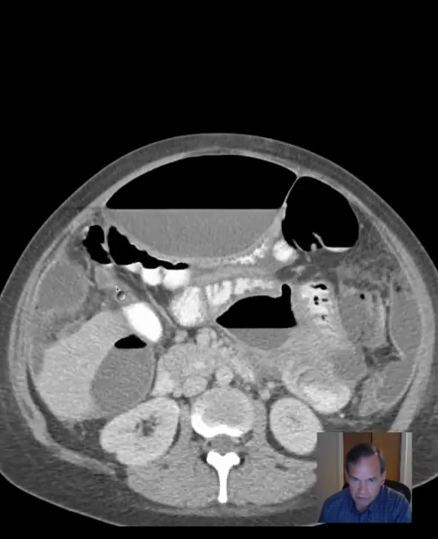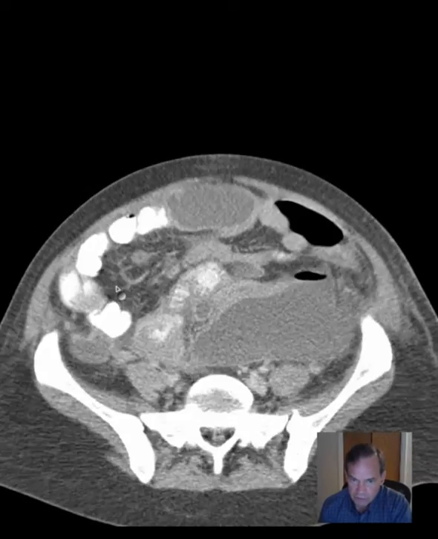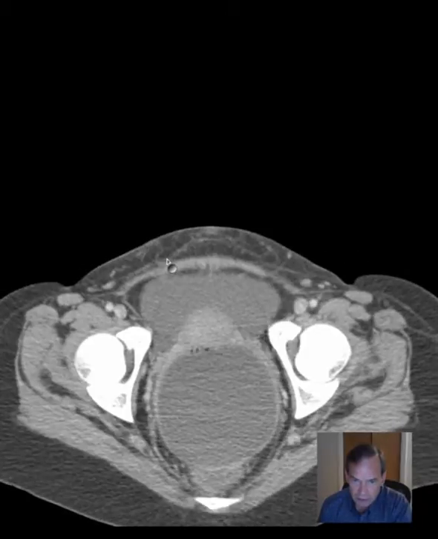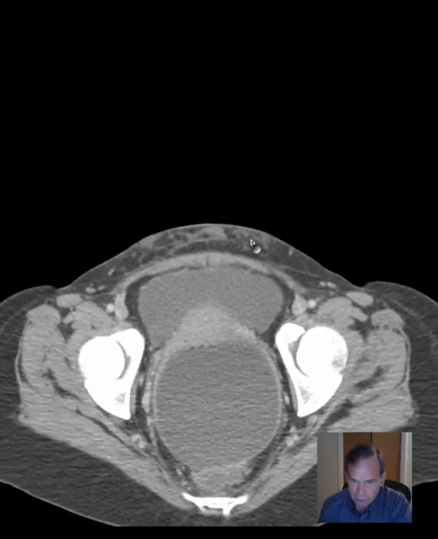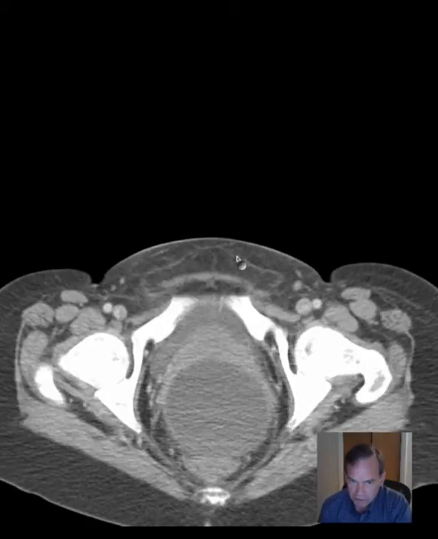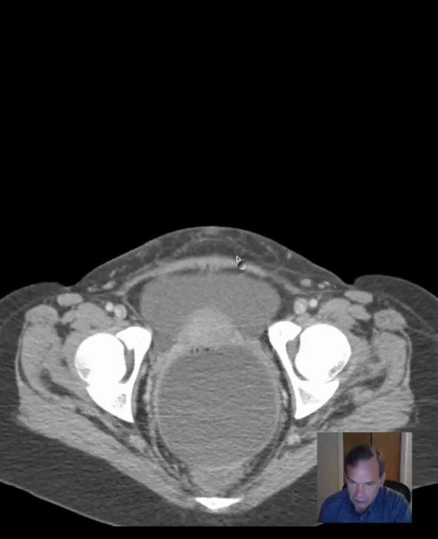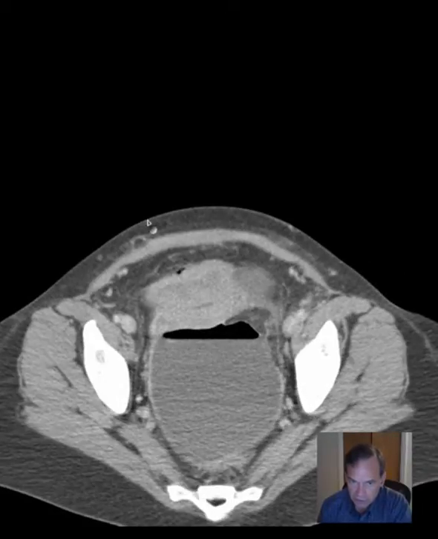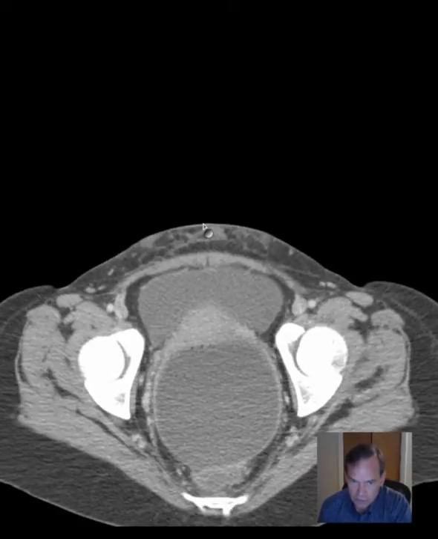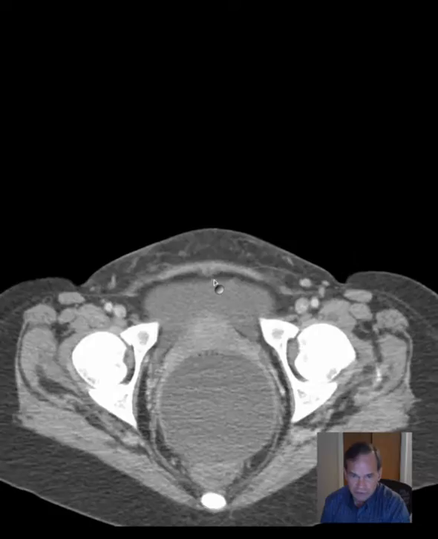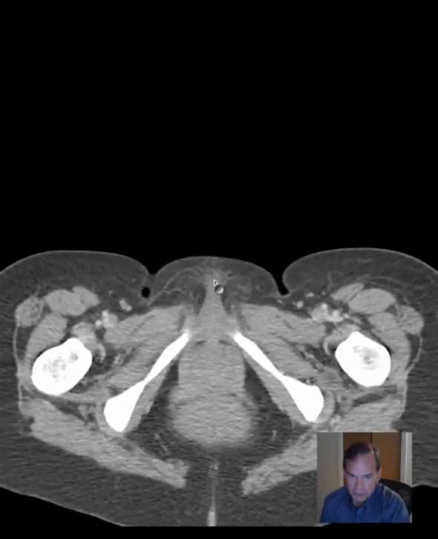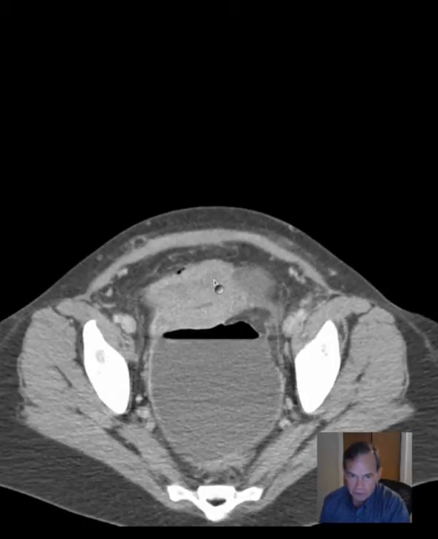So what we have here then is a complication from the cesarean section. And here you can see this is the level where the transverse incision was made for the C-section. And you can see that below that, fat is nice and clean and undisturbed. Then we go through it, and then above that, the fat also has a good architecture and no linear opacities or areas of irregularity. So this is where the incision was made. And for some reason there was a complication, and we have then abscess cavities, fluid collections with air in multiple areas of the abdomen.